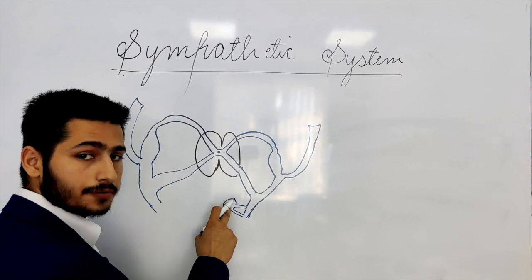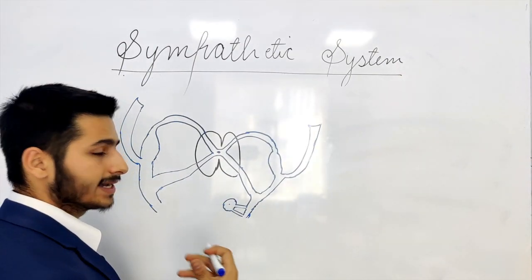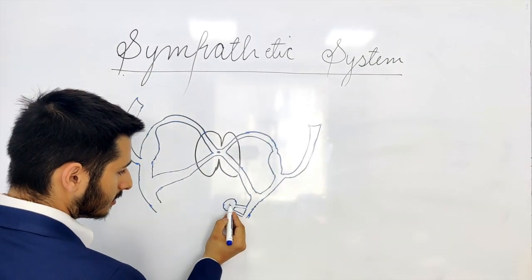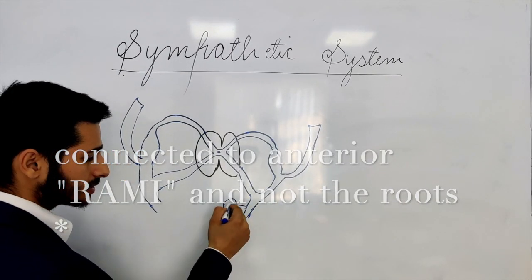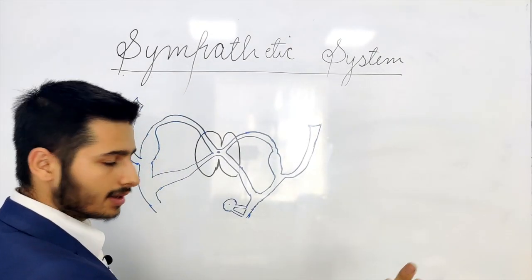This is a part of the paravertebral trunk where synapse occurs in the trunk. These trunks are connected to the anterior roots through certain structures, which we're going to discuss in a few minutes.